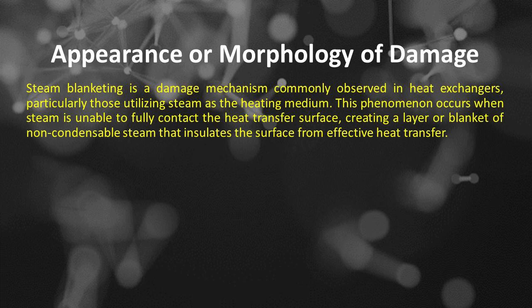Steam blanketing is a damage mechanism commonly observed in heat exchangers, particularly those utilizing steam as the heating medium. This phenomenon occurs when steam is unable to fully contact the heat transfer surface, creating a layer or blanket of non-condensable steam that insulates the surface from effective heat transfer.